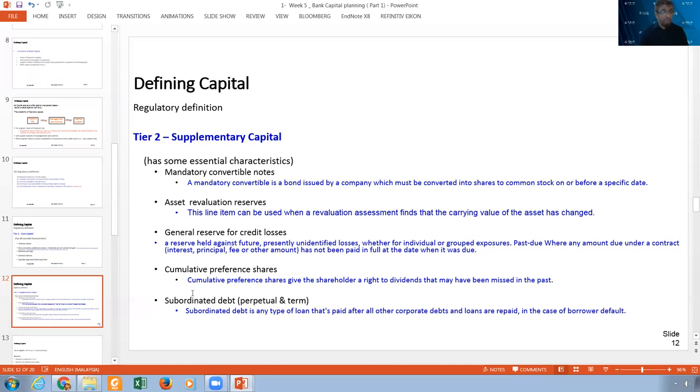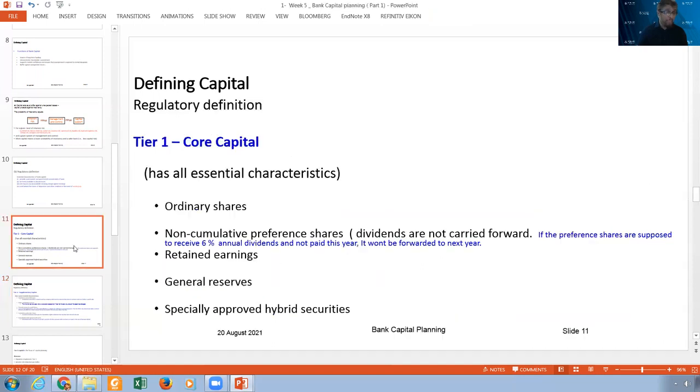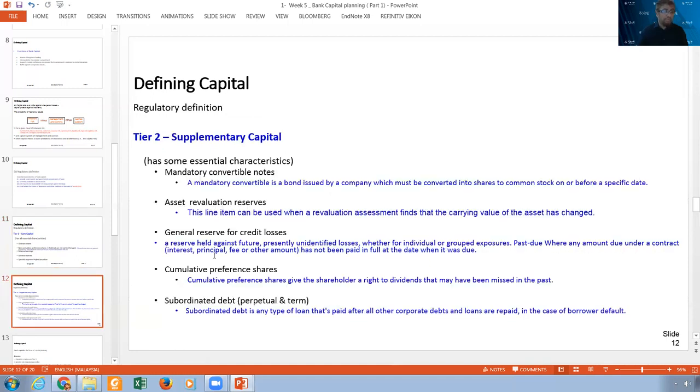And number 3, our friend, which is the cumulative. Now I already explained the non-cumulative, which is in tier 1: non-cumulative preferred shares, which I don't have to pay. This one is different.